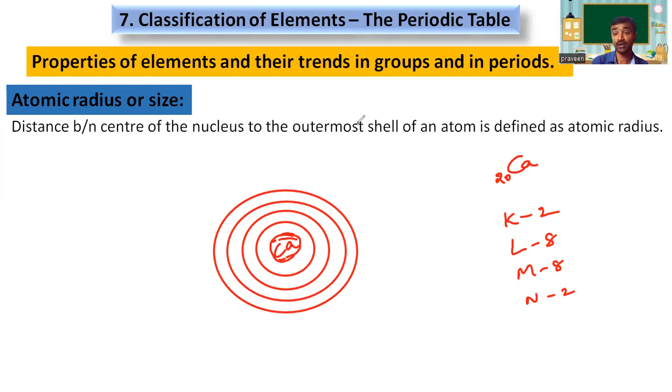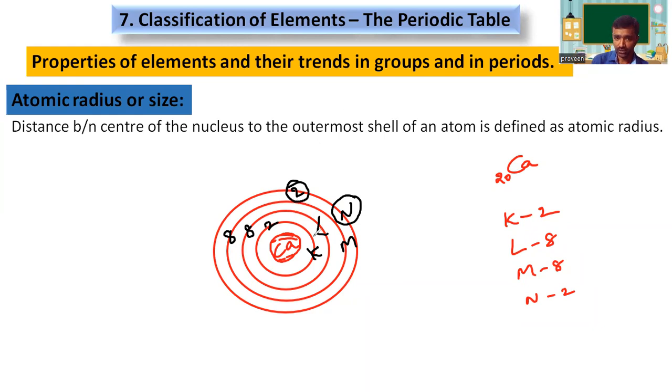In which shell? The shells are named K, L, M, and N. Of the 4 shells, the differentiating electron is in the N shell. 2 electrons go into the K shell, 8 into the L shell, 8 into the M shell. Up to here, 18 are completed, 2 more are left, and they are in the N shell.